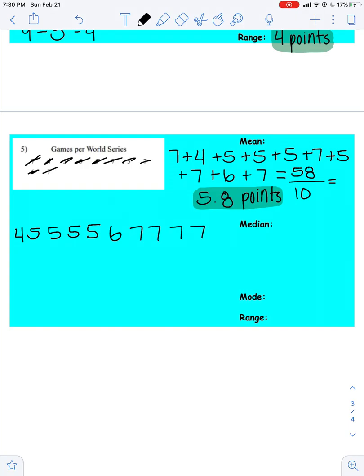So we'll do the same thing, getting an equal number on both sides. Here, we realize that we're going to have to go in between these two numbers. So we're going to do 5 plus 6 divided by 2, which gives me 5.5 points.